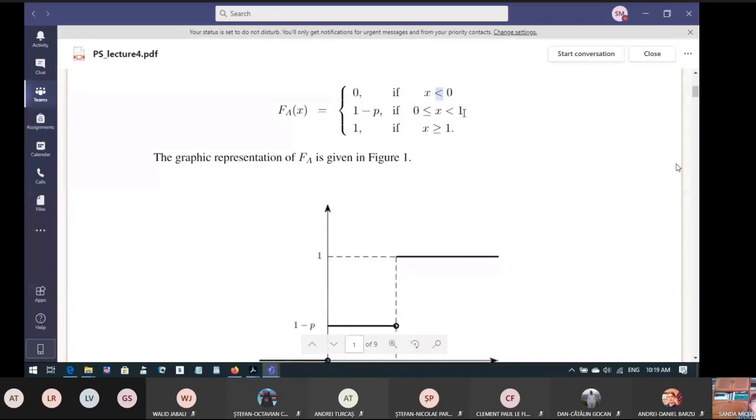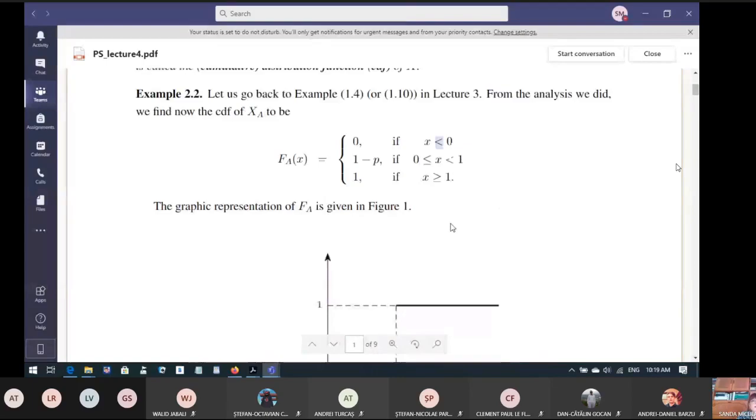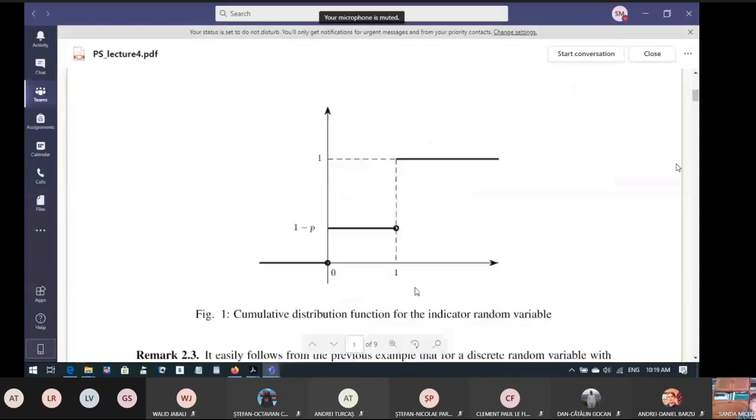For x between 0 and 1, another constant value, which is 1 minus p. Remember, p is a probability, so it's a number between 0 and 1. So is 1 minus p, a number between 0 and 1. So that's where it is. And then for x greater than or equal to 1, so from here on, the constant value 1.